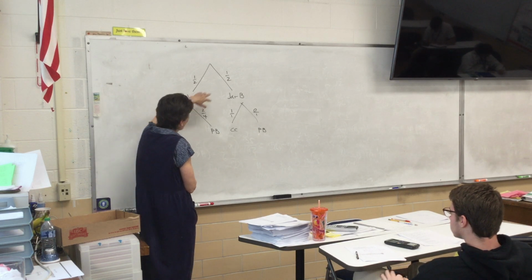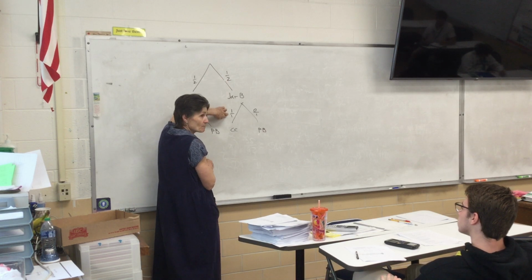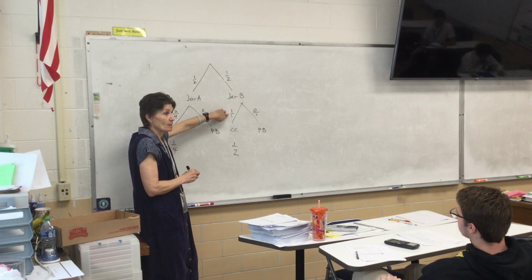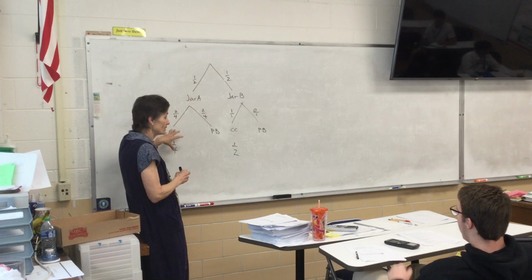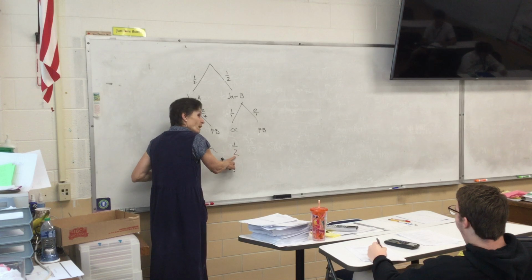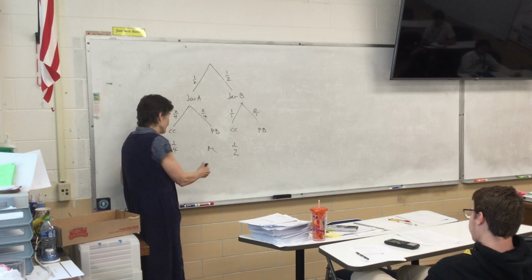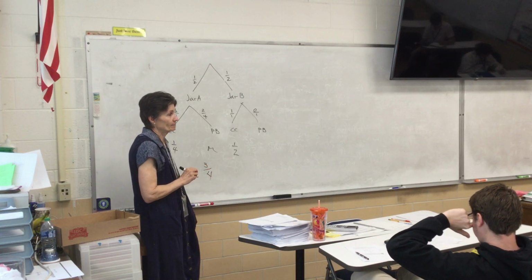But if you go to jar B, it's 1/2 times 1, which is 1/2. So your probability of getting a chocolate chip is 1/4 out of jar A or 1/2 out of jar B. So what do we do with those 2? Add them. You have a 3/4 probability.